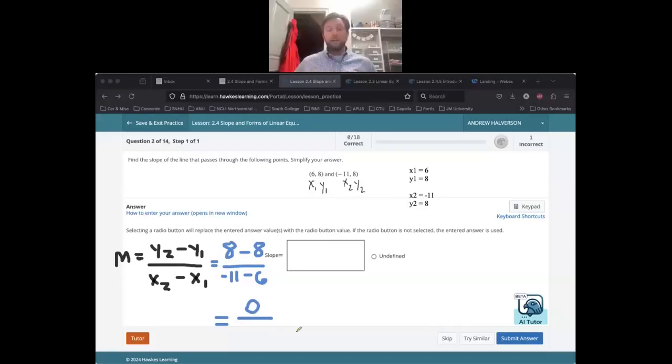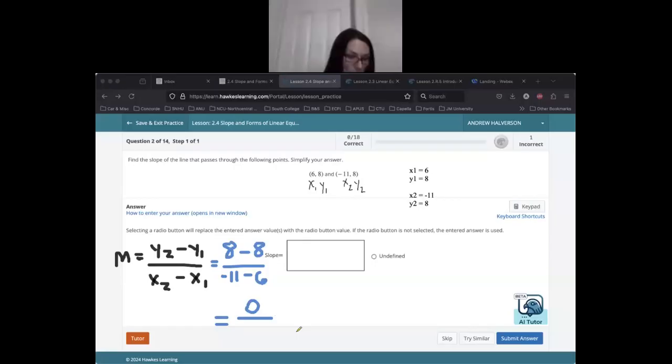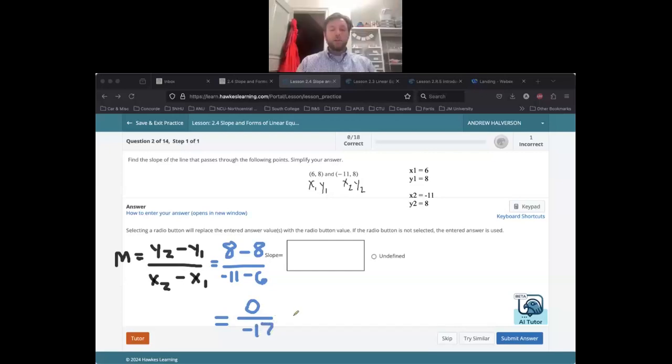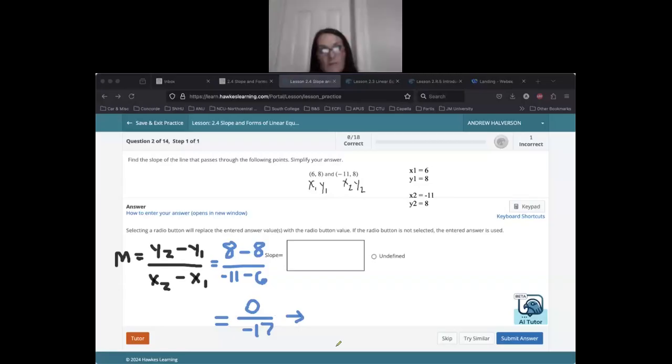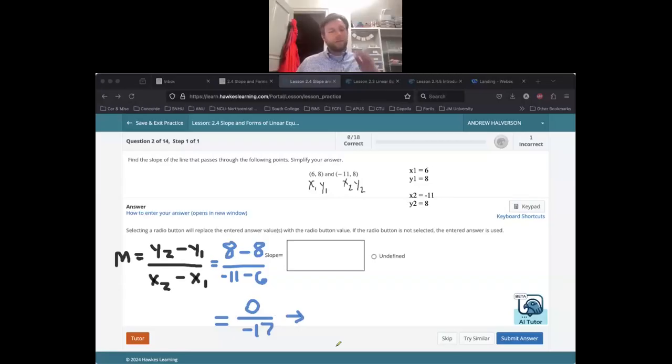What's negative 11 minus 6 in the denominator? Negative 17. What does that fraction simplify down to? Use your calculator. Zero.